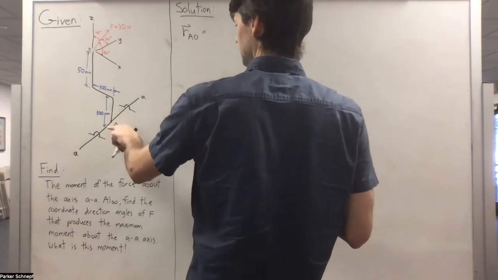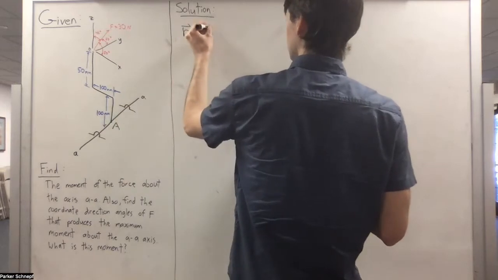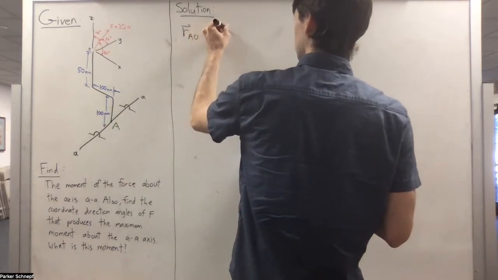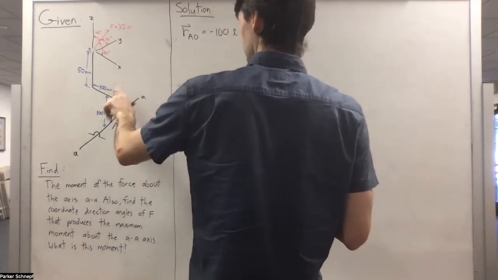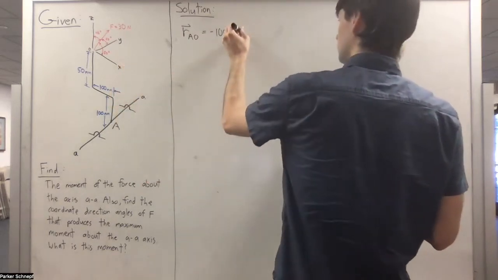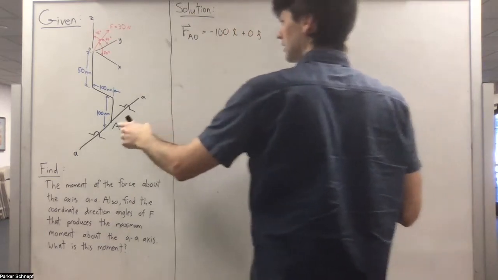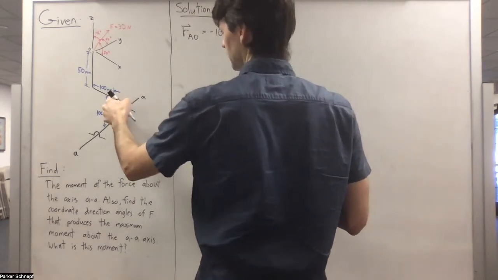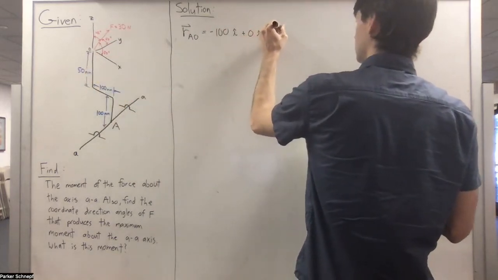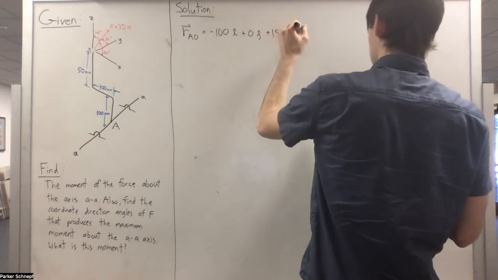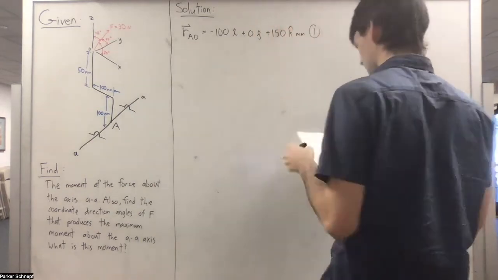In the x direction, we're going to go negative 100 millimeters. In the y direction, we go 0. And then in the z direction, we go plus 100, plus 50, so plus 150. So that's equation 1, we'll come back to that.